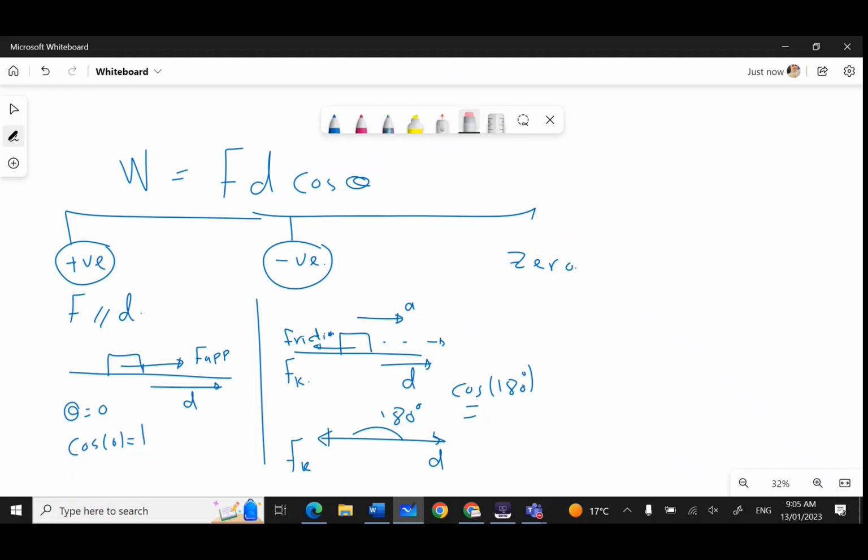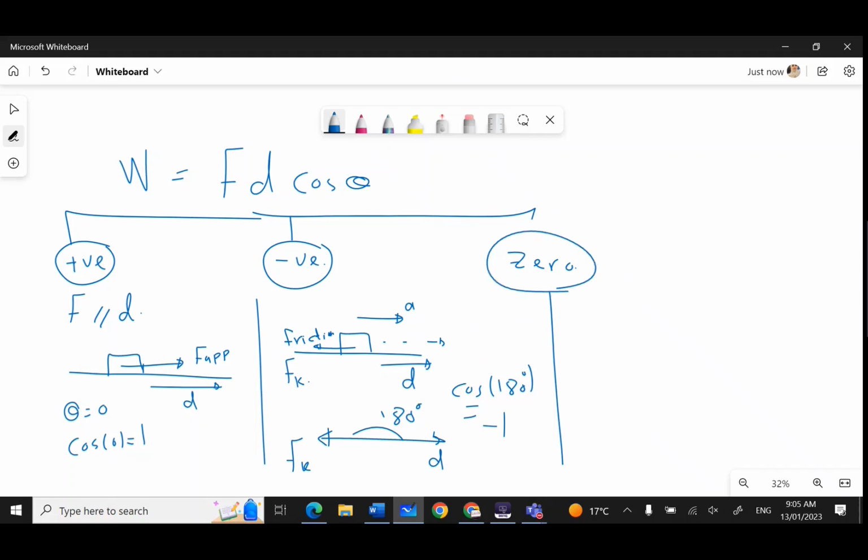So if you have friction force, usually, always, the work is negative. Now, for example, I'm pushing the wall, and the wall is not moving. For every action, there is an opposite and equal reaction, the wall will push me back. So for the force that is being applied, since I have no displacement, that means we have no work.